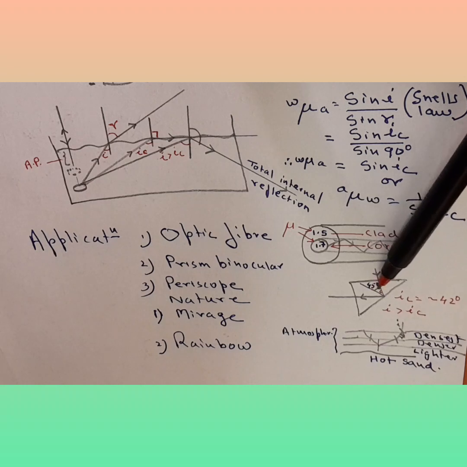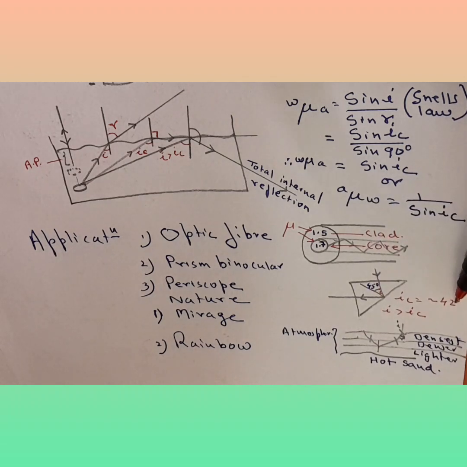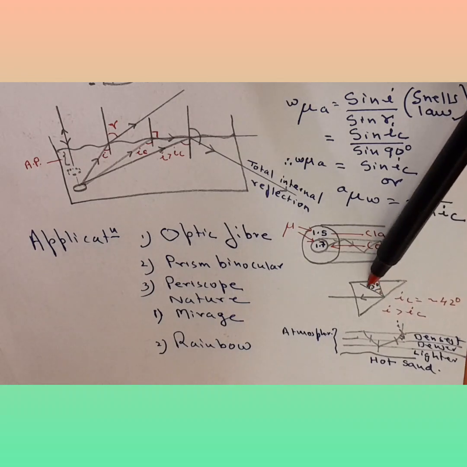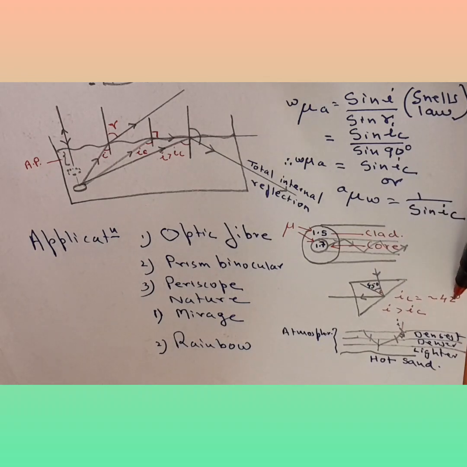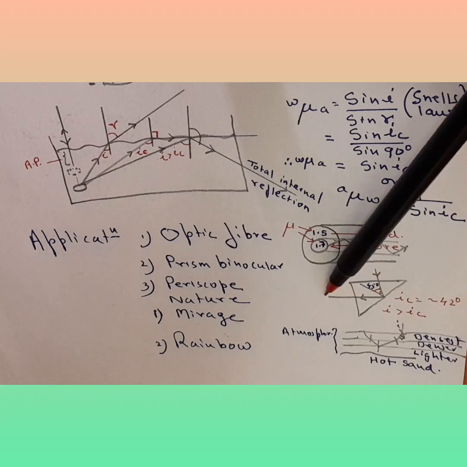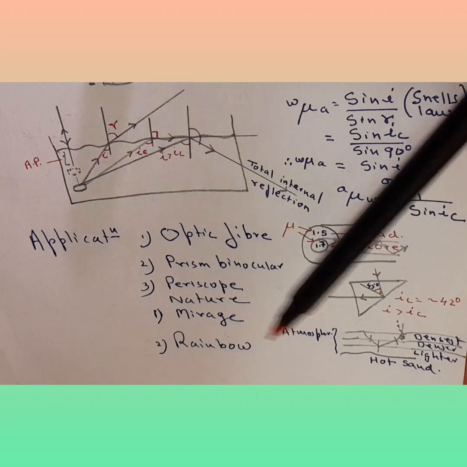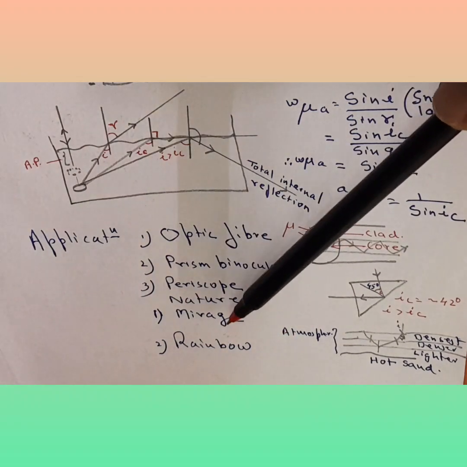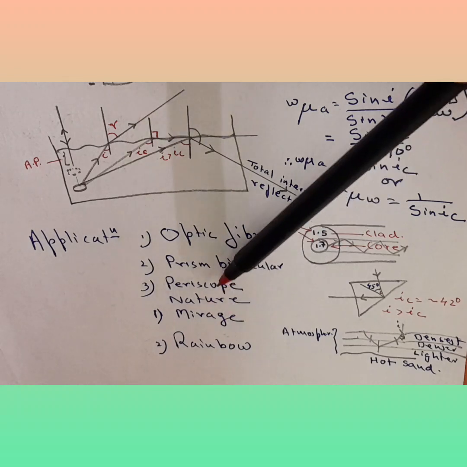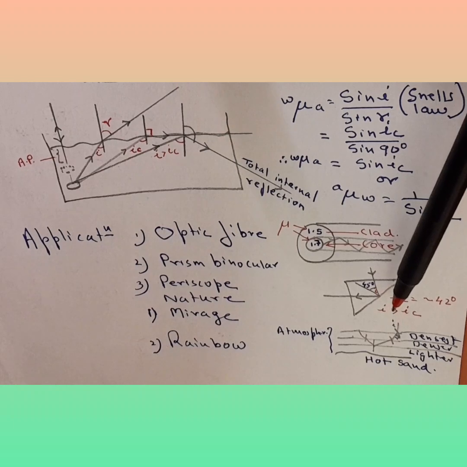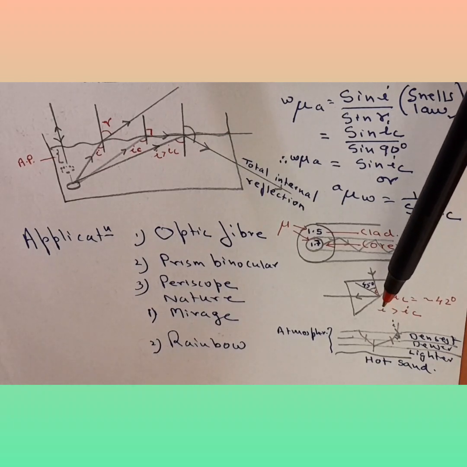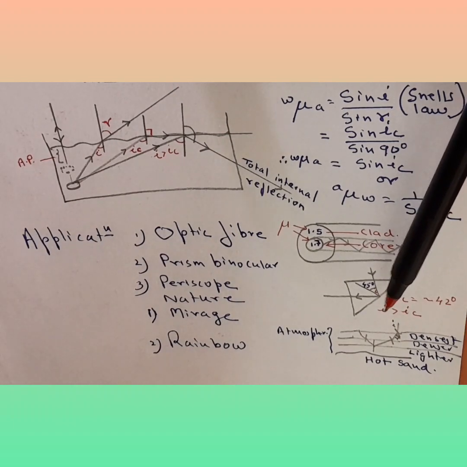So the angle of incidence becomes 45 degree and critical angle is approximately 42 degree for prism. So this angle is greater than 42 degree. So total internal reflection. Even in periscope also same is the story. You have two prisms there and it's all because of the effect of total internal reflection that we see.